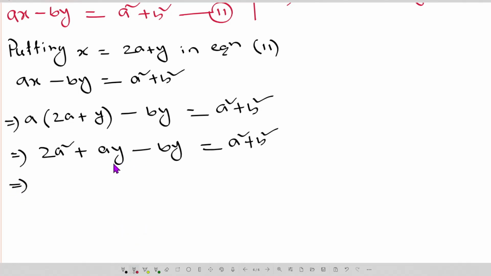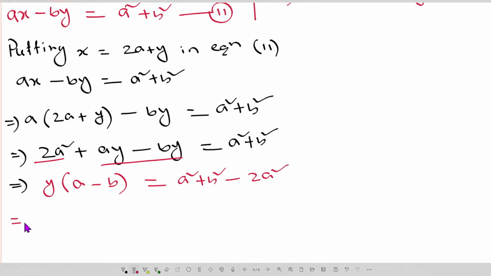Then from here we can take y common, so y times a minus b equals a square plus b square minus 2a square. Here b square, a square minus 2a square means minus a square.